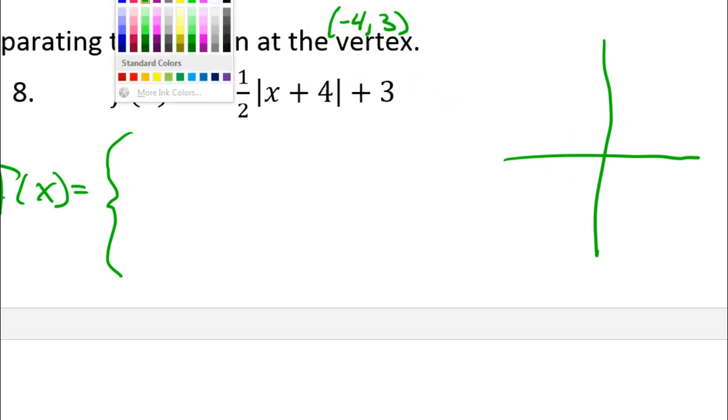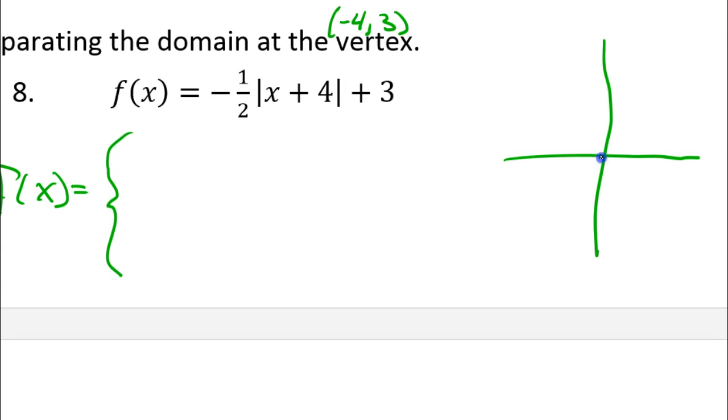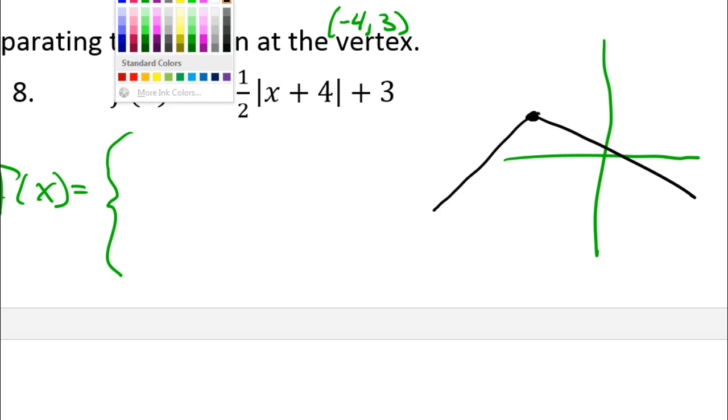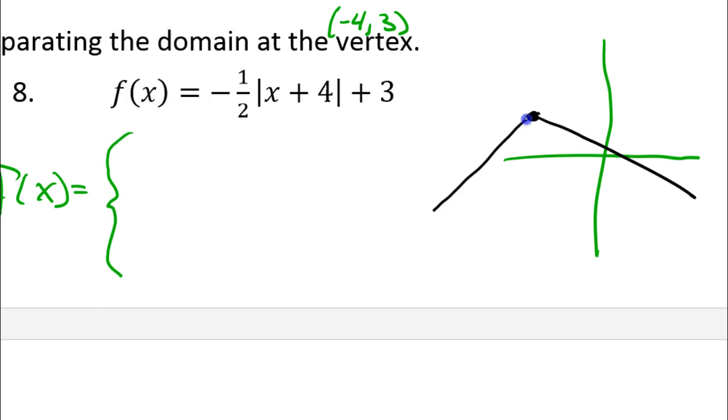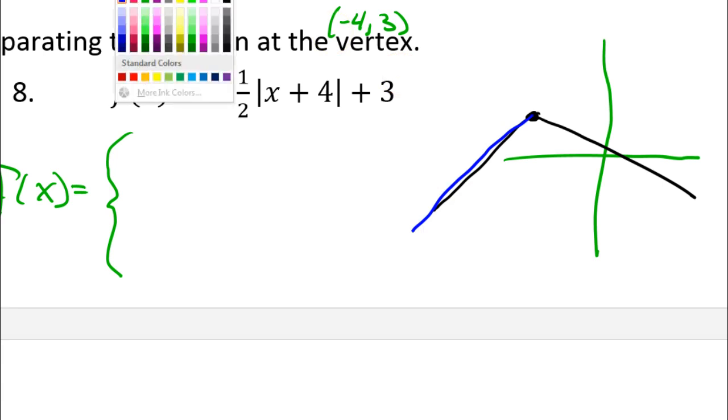So that means our vertex is going to be to the left and up. So negative 4, comma 3. So it'll be somewhere in this area. It's negative, so it's going to be a downward facing V. So it's going to be something like this. And again, I will look at this as a blue piece and a pink piece.